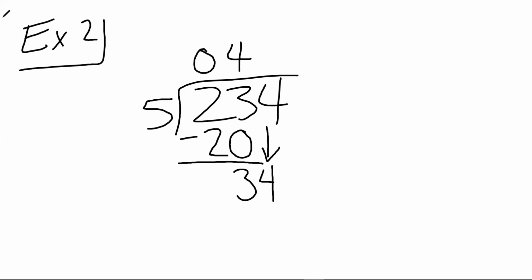So 5 goes into 34 how many times? Yep, it goes in 6 times, but it does not go in perfectly. 5 times 6 is 30, and 34 minus 30 is 4. So I have 46, and then what do I do with that 4, Ian?